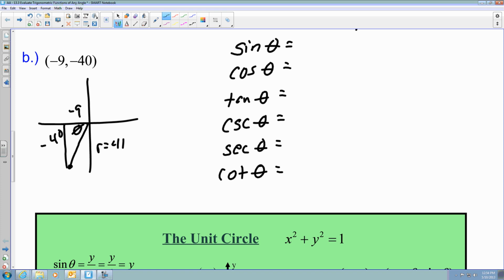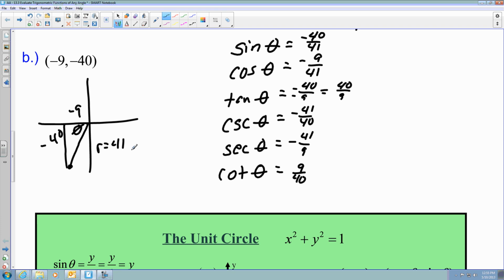So opposite is going to be what? Negative 40 over 41. Cosine theta is going to be negative 9 over 41. Tangent is negative 40 over negative 9, which equals positive 40 over 9. And now these are just the reciprocals: negative 41 over 40, negative 41 over 9, and 9 over 40.